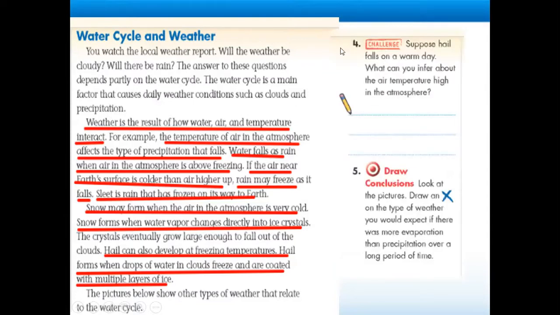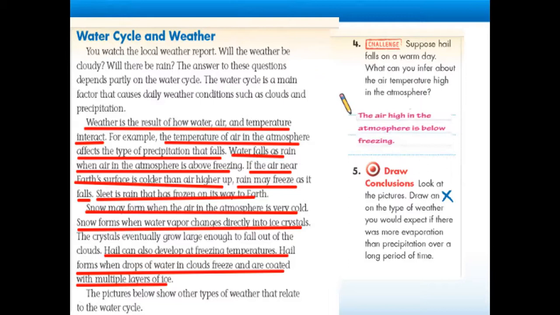Now, who can read for us question number 4? Challenge. Suppose hail falls on a warm day. What can you infer about the air temperature high in the atmosphere? The answer is the air high in the atmosphere is below freezing.